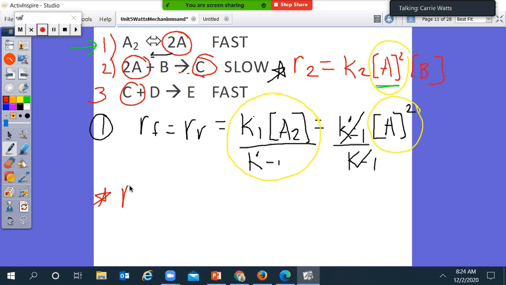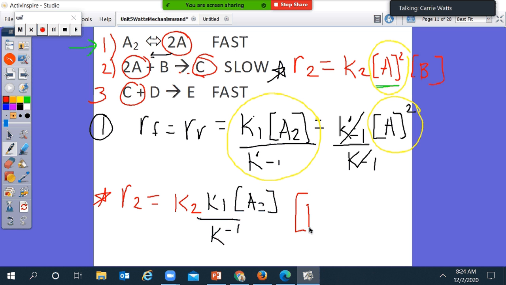So R2 is going to equal K2. Now we're going to substitute all this K1, A2 over K negative 1, and then of course times B. So this is all our substituted value for A squared.